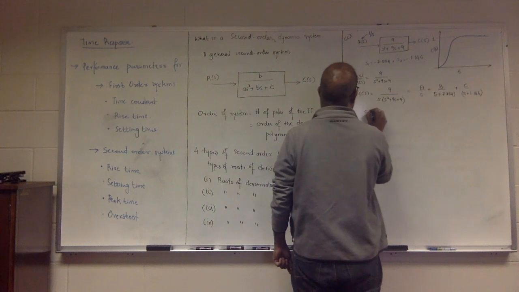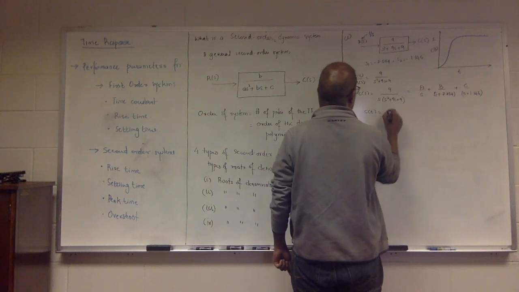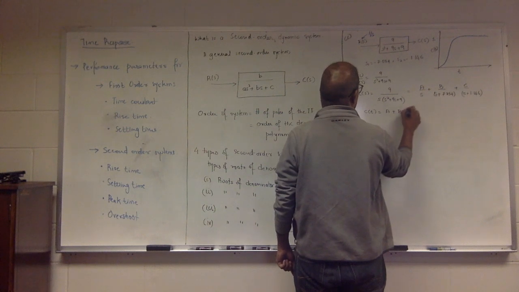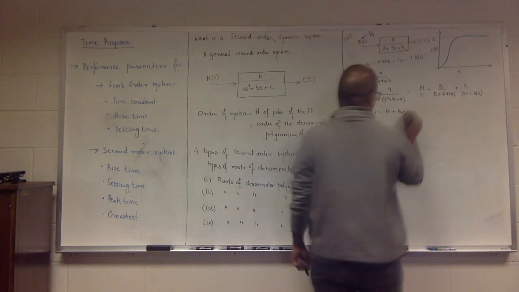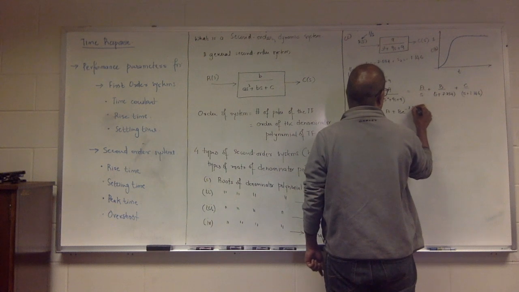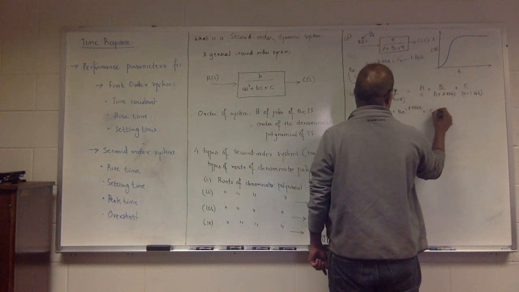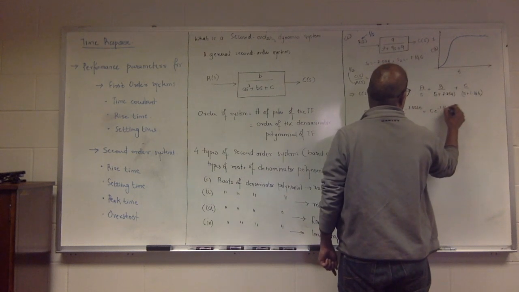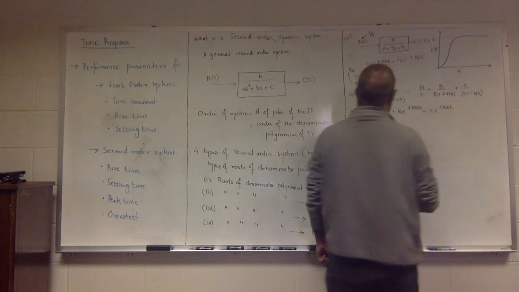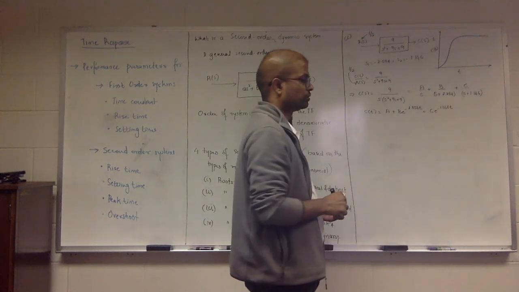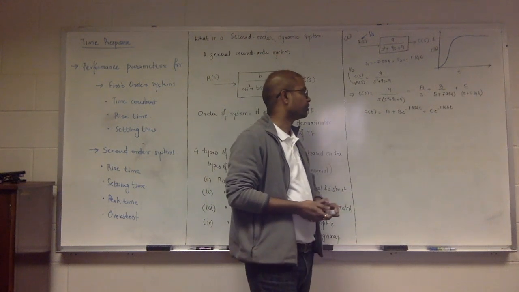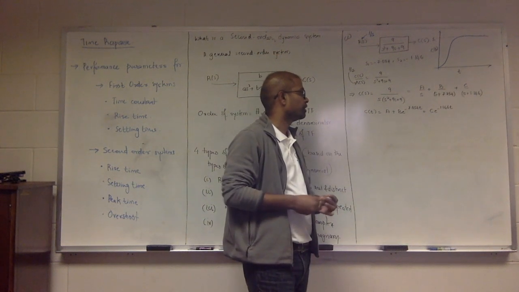So now c of t would be what? A plus b e to the power of minus 7.854 t plus c e to the power of minus 1.146 t. Of course, A, B, C will have their own values if you do the partial fraction expansion and complete it.